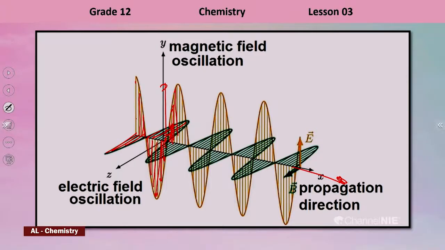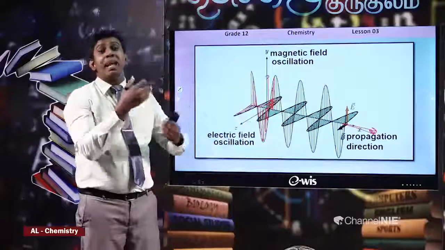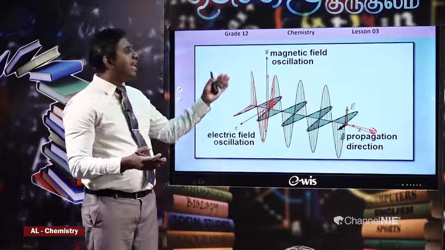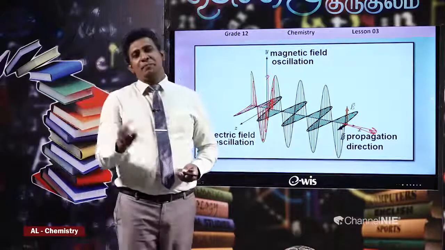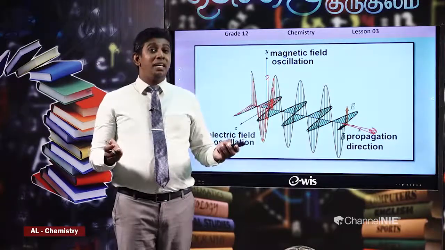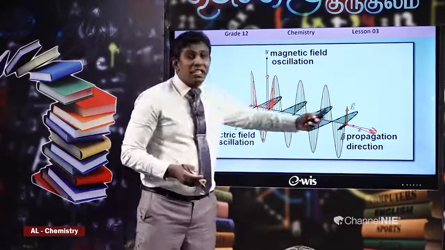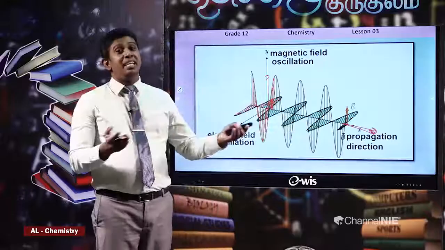It would be perpendicular to both: perpendicular to the traveling direction, as well as perpendicular to the oscillating magnetic field. That's what we denote as an electromagnetic wave, electromagnetic radiation.